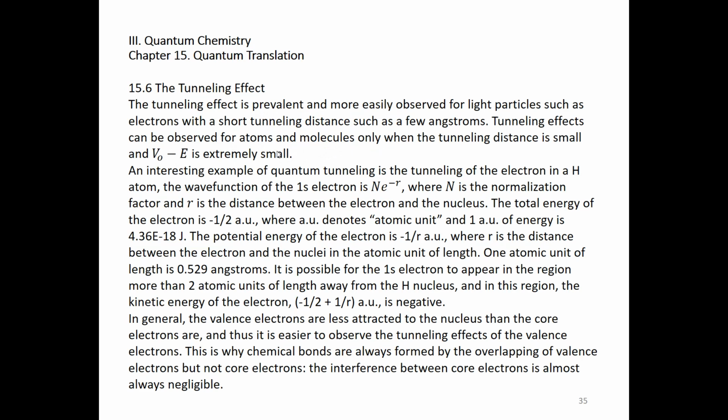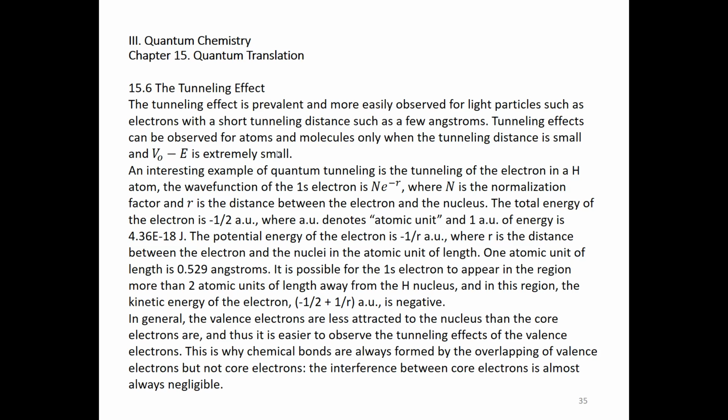Again, we analyzed the tunneling effect: it is prevalent and more easily observed for light particles, such as electrons, with a short tunneling distance, such as a few angstroms. So it's really easy to see the tunneling of electrons over a few angstroms.